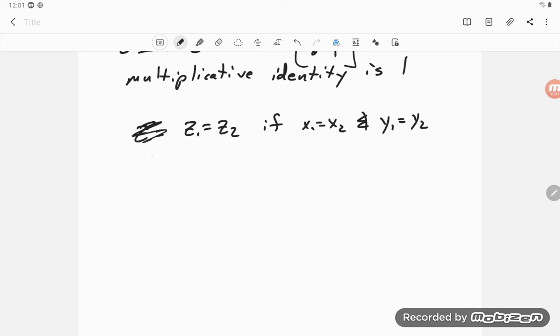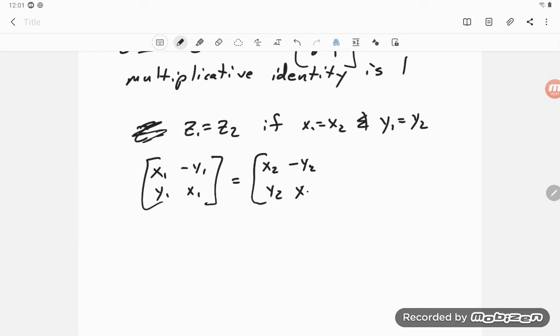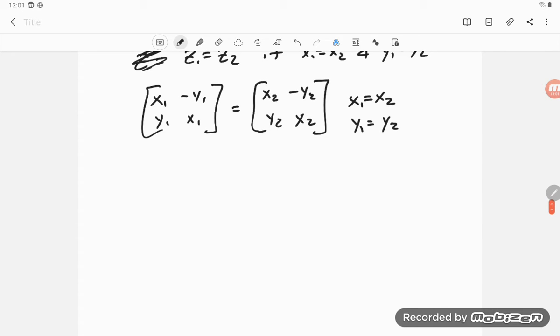In the matrix form, if I had x1 minus y1, y1, x1, and I wanted to say that was equal to x2 minus y2, y2, x2, then I would have to match up components, so I would have to have x1 equals x2 and y1 equals y2. Okay, so that's the part about the matrices.